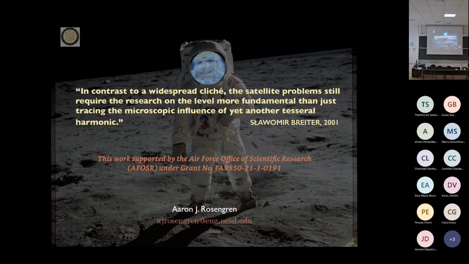I'll end with this quote by Sławomir Breiter that, in contrast to the widespread cliché, the satellite problem, so this is the early work by Brouwer, Kozai, and Garfinkel in the late 50s Sputnik era, really requires now fundamental research on a level that is more than just tracing the microscopic influences of these tesseral harmonics, which has really been what people thought of as astrodynamics before. So we really have to do a lot of the phase-space topology and uncover the resonances and link them to transfers within this regime.